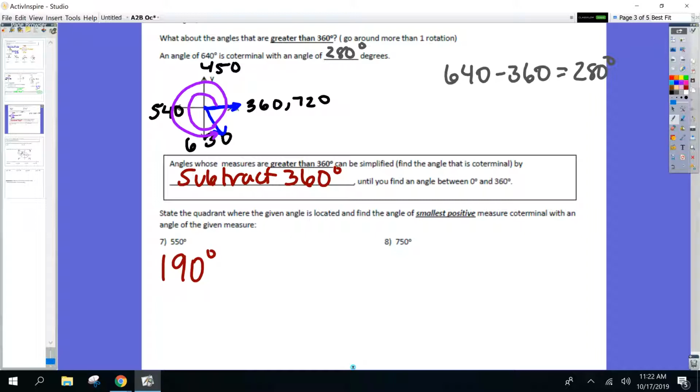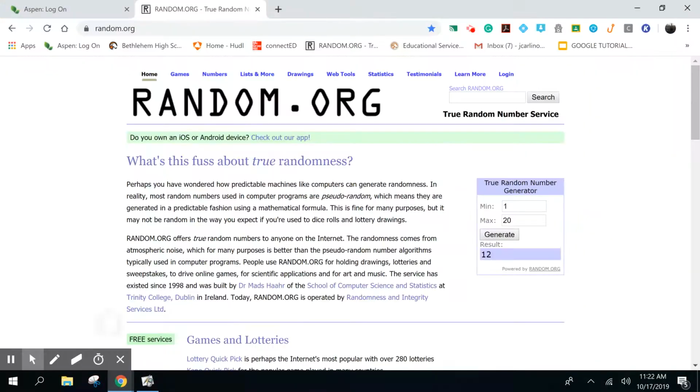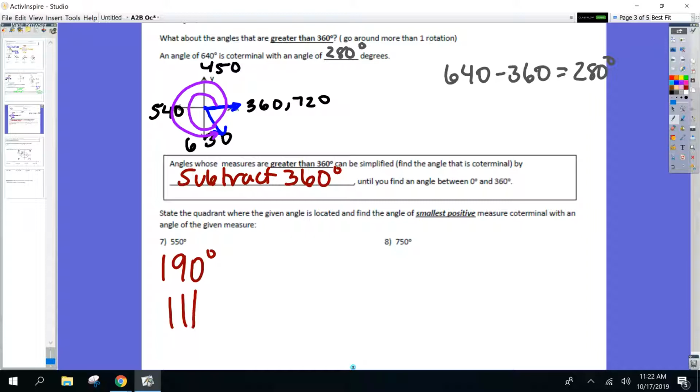And then with 190, I should be in quadrant 3. Yep. Okay. So if I ask you to graph that, might be a good idea to find what it's coterminal to, then it's a lot easier to graph. Okay? Instead of going 550 around and around again.